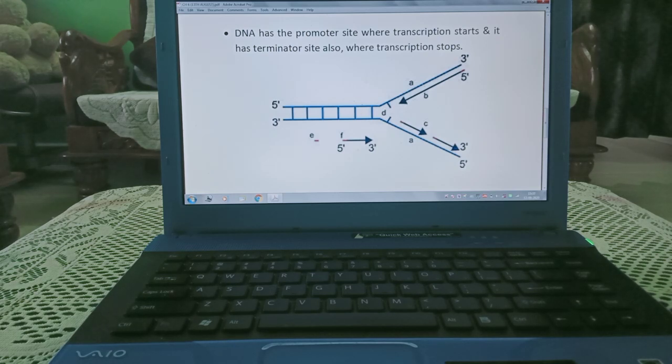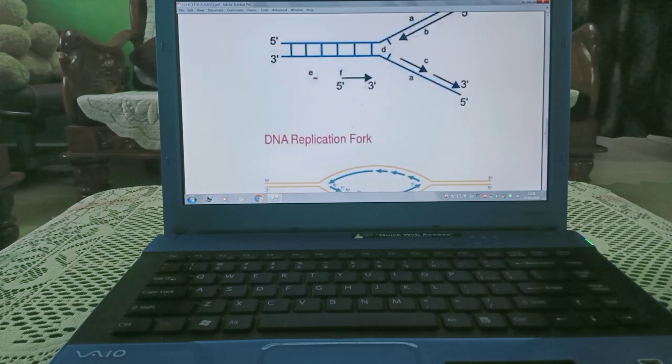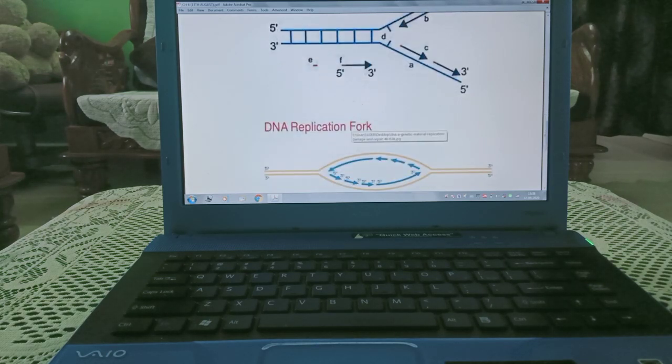It is starting from the 3' end and reaches to the 5' end, and here it is starting from the 5' end and then goes till the 3' end, and this is the area where the script will be written in the form of the characteristics. This is known as the DNA replication fork.